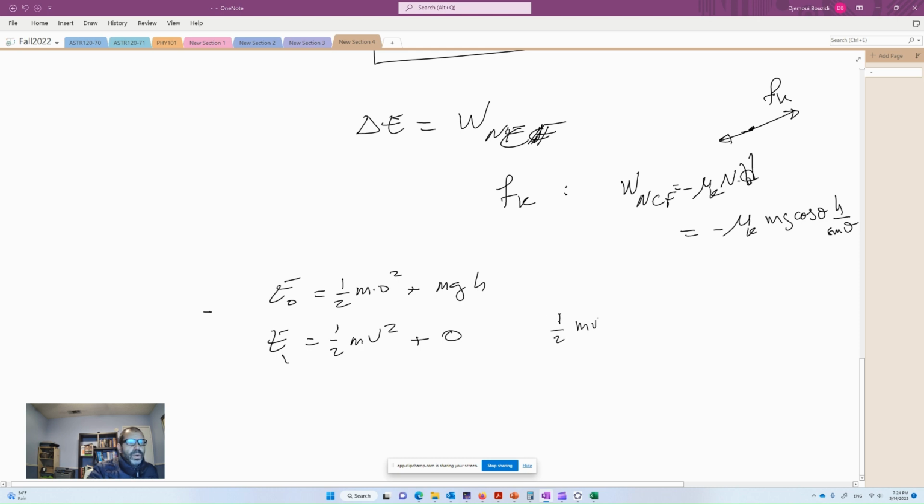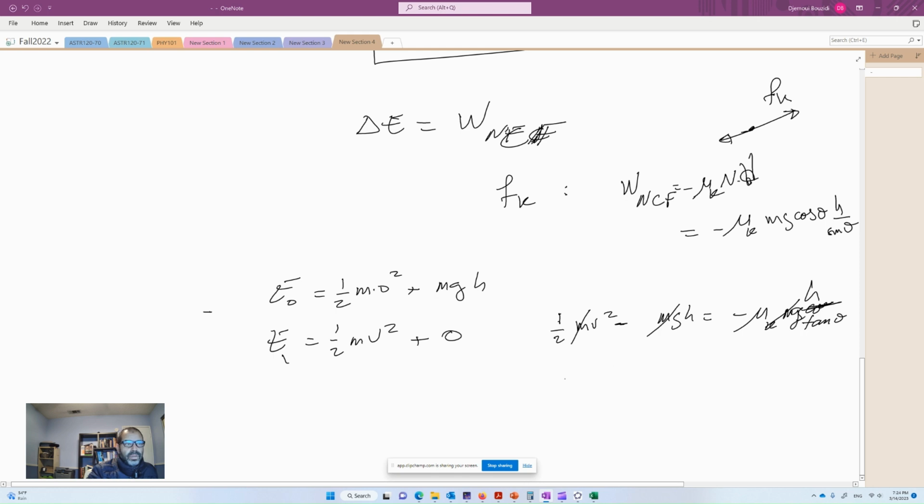So 1/2 of mv squared minus mgh is equal to minus mu k mg cosine theta times d, or mgh over tan theta. It's the same thing. That's the expression. Cancel the m from both sides, move the 2 to the other side and move the gh to the other side and take the gh as a common factor.